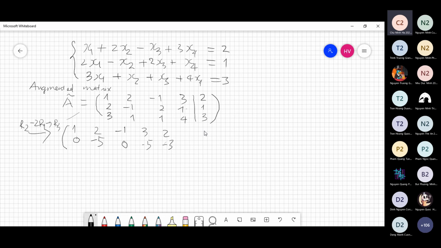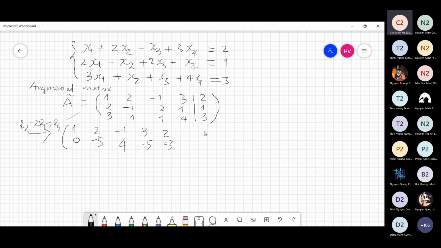Let me check again. There's something wrong with this. Let me check this again. So 2 minus minus plus is 4.